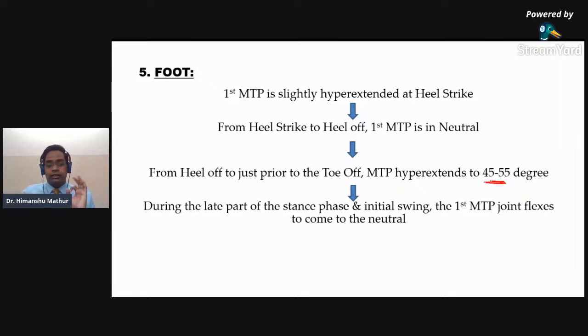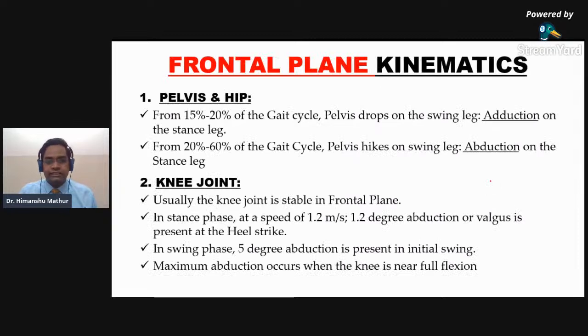So there is a significant hyperextension from the heel off to just prior to the toe off. Because as toe off happens, it will come back from hyperextension to neutral. But heel off is usually accompanied by hyperextension of the first MTP joint. Okay, now during the late part of the stance phase and initial swing, the first MTP joint flexes to come to the neutral position, right?